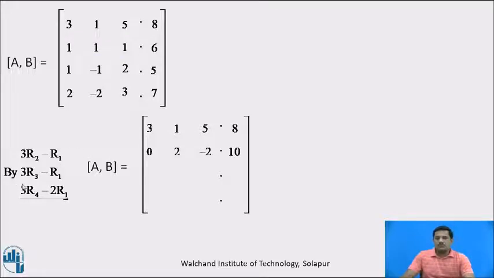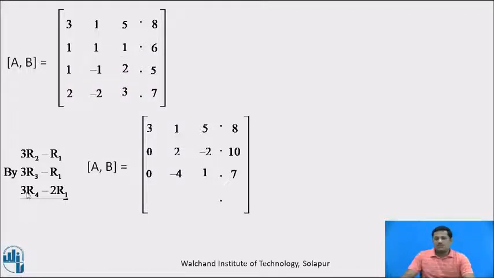Performing the next row transformation 3R3 minus R1. After multiplying row number 3 by 3, we get all these entries. Now subtracting these two rows, 3 minus 3 is 0, minus 3 minus 1 is minus 4, 6 minus 5 is 1, and 15 minus 8 is 7.